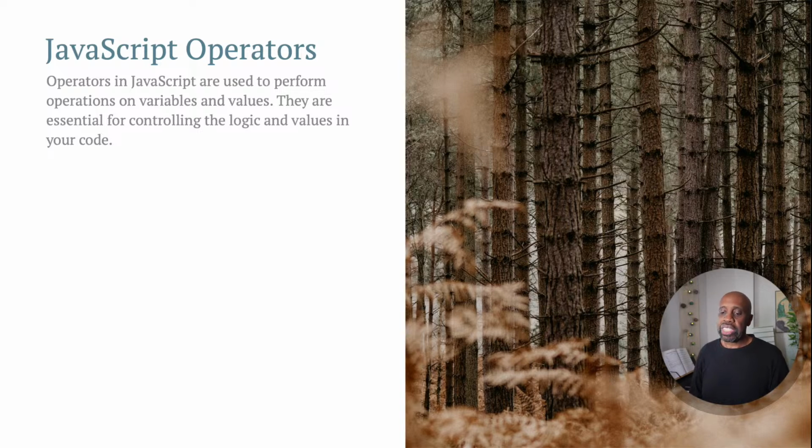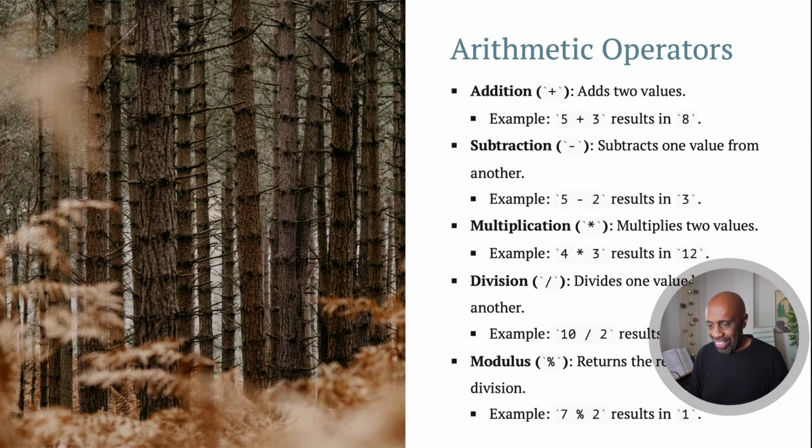Well, JavaScript operators. What are JavaScript operators? This is what you can do with the values of these variables, and each type of variable acts differently, as we said. You can add two values, subtract, multiply, divide.